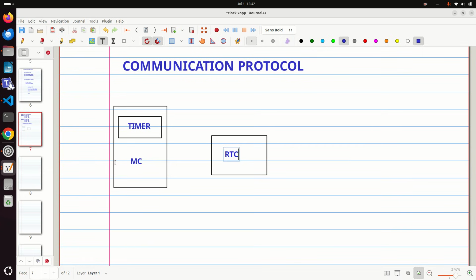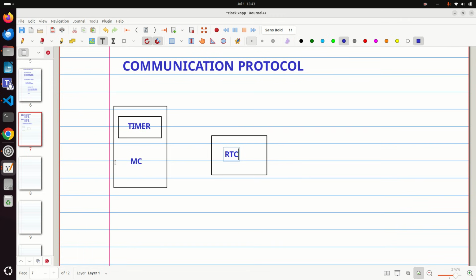the RTC generates an interrupt. So the interrupt wakes up the microcontroller. So the microcontroller receives the interrupt, turns on the relay connected to the school bell, rings it for 10 seconds and then goes back to sleep.